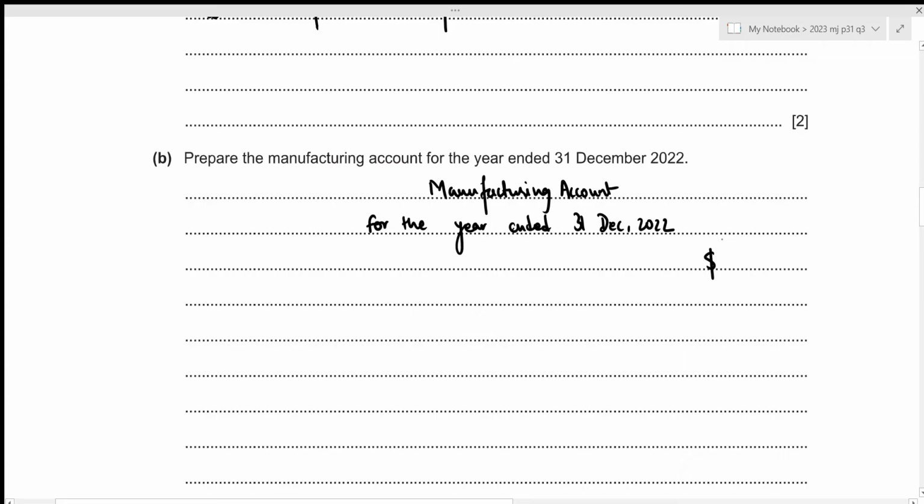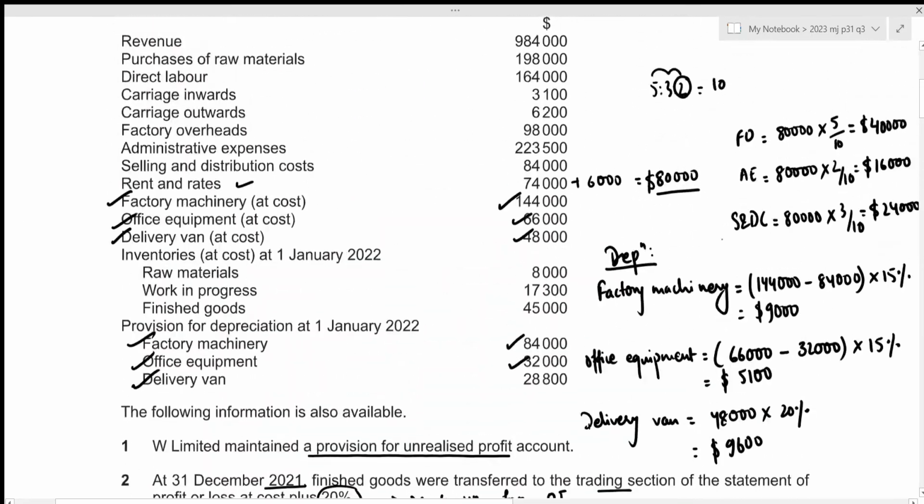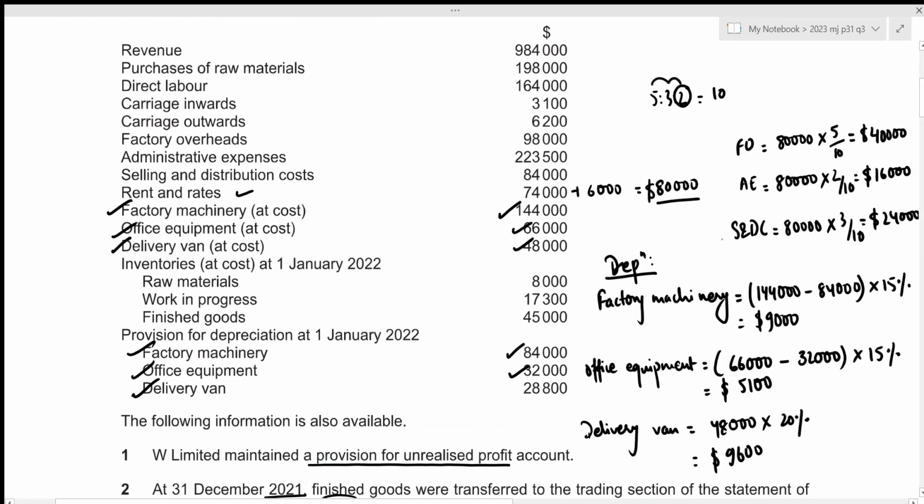So whenever preparing manufacturing account, the first thing that we need to do is figure out the cost of raw materials consumed in the production process. And for that, we need to start with our opening inventory of raw materials. Then we add all of the purchases made for the raw materials. Then we also add all of the carriage inwards, which is basically the cost that was associated with bringing in the raw materials into our factory. And then we just subtract our closing raw materials inventory.